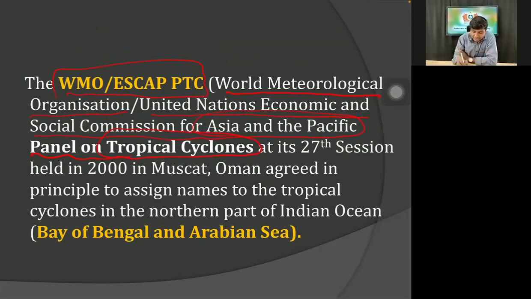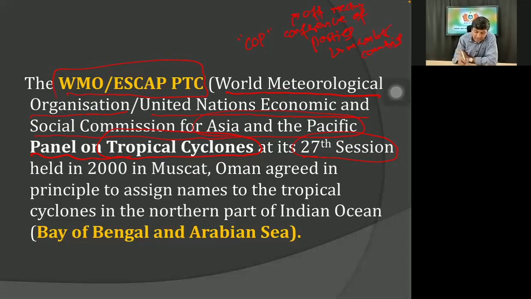This is very important. On the 27th session, because you might have heard about COP. COP means Conference of Parties. Conference means an official meeting, and parties means member countries.